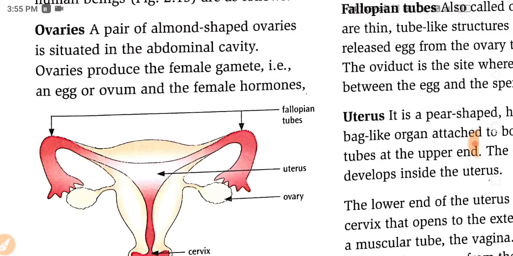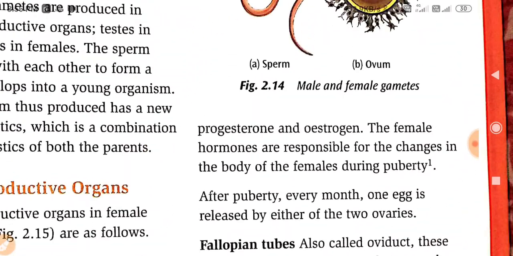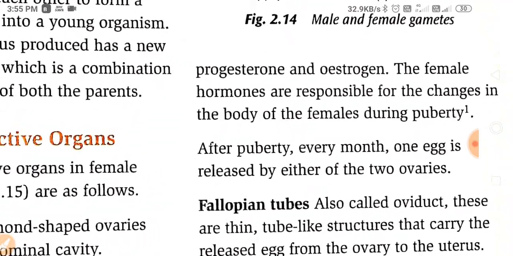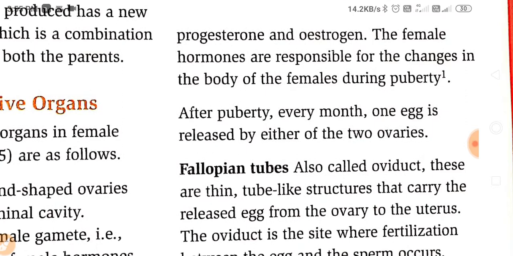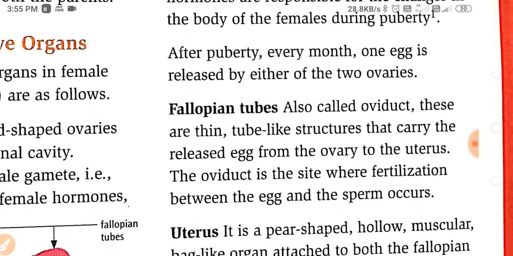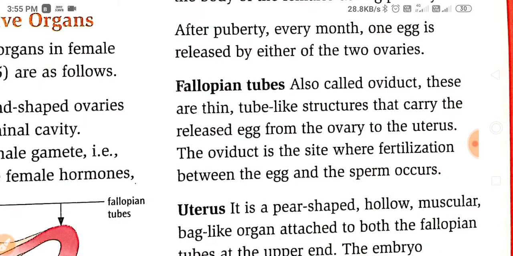Ovaries produce the female gamete, that is an egg or ovum, and the female hormones progesterone and estrogen. The female hormones are responsible for the changes in the body of the female during puberty. After puberty, every month one egg is released by either of the two ovaries.